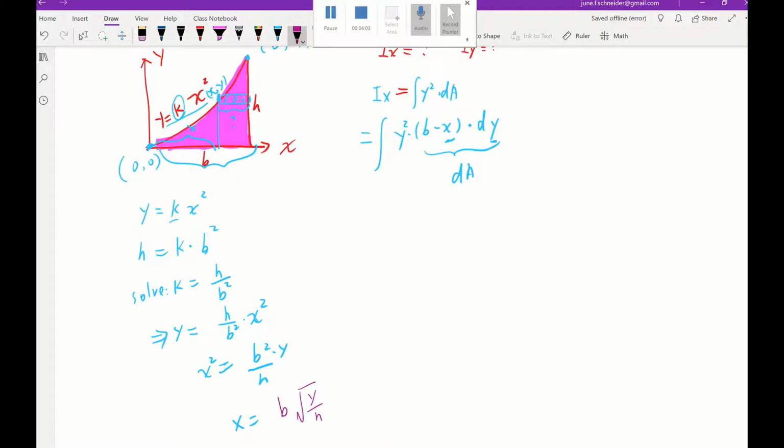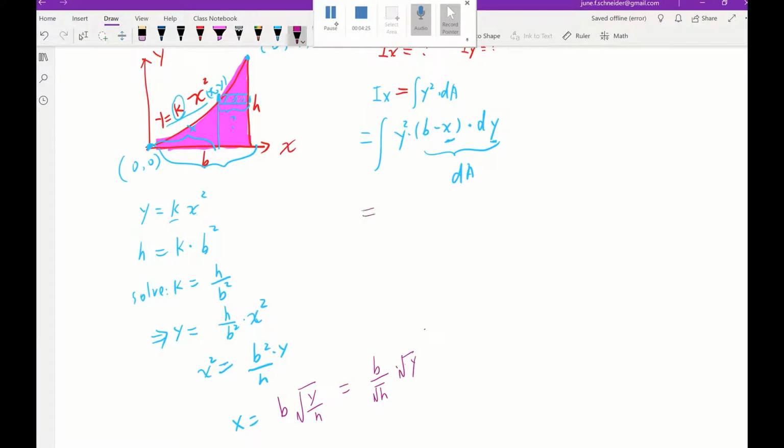You could potentially take out b over the square root of h, because those are constants, so we'll just have the square root of y.